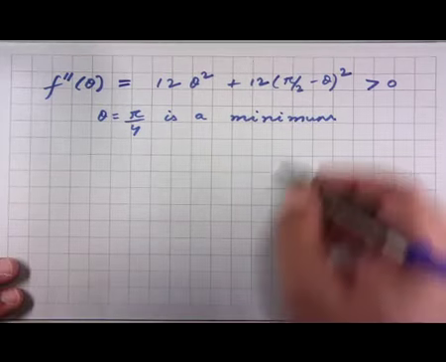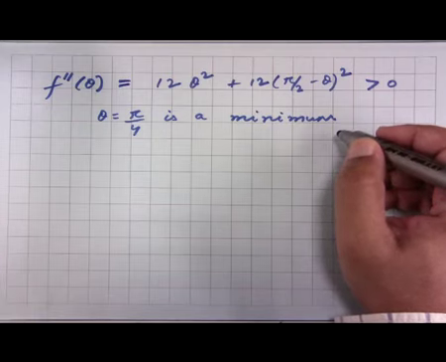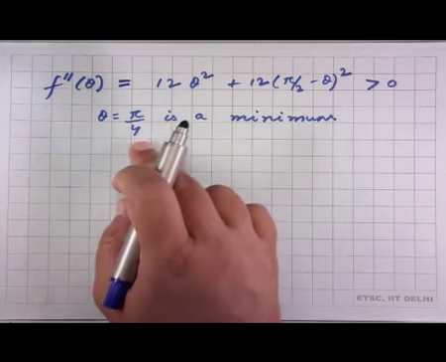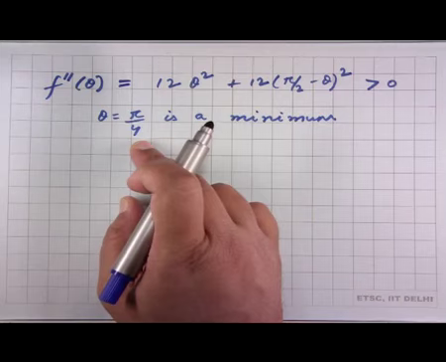So, it is a minimum for f theta, and the interesting thing is that this theta equal to pi by 4 does lie in the interval minus pi by 2 to plus pi by 2.